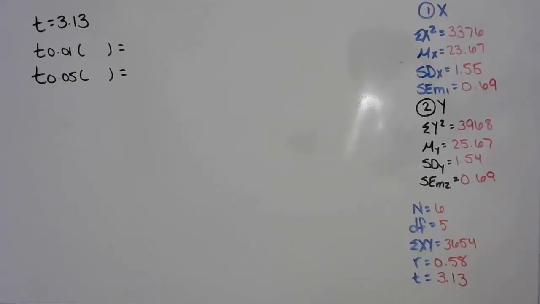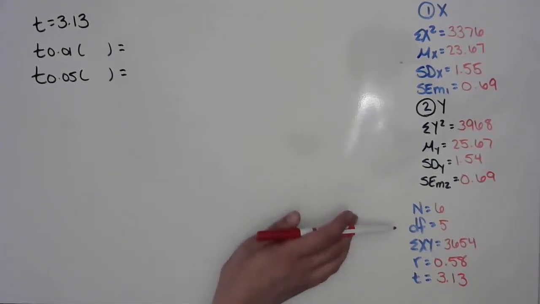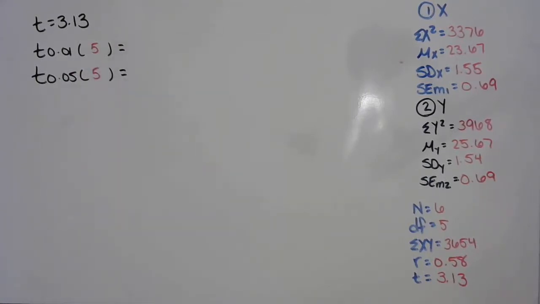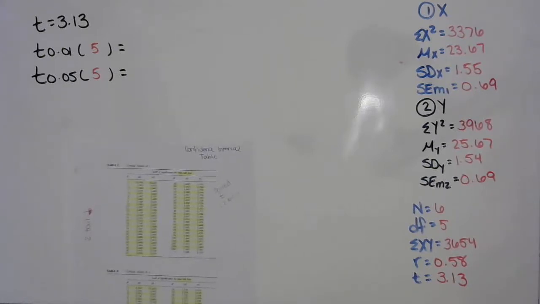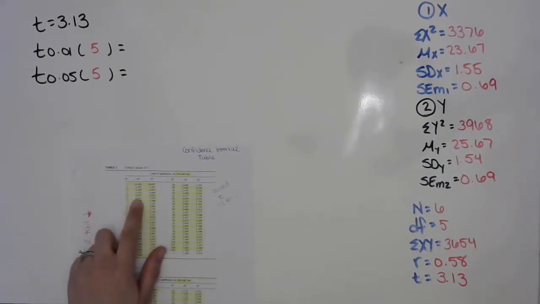Okay, lastly, let's go ahead and see if our calculated t-value is high enough for us to reject H0. So we are going to go ahead and plug our degrees of freedom in here. We found that out earlier, so that is 5 for our degrees of freedom. So paired t is typically two-tail, so you're going to use table C in the back of your book, and we are going to go down to degrees of freedom for 5.